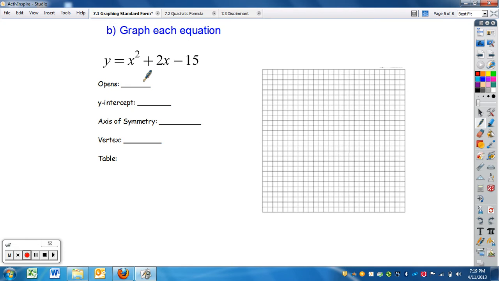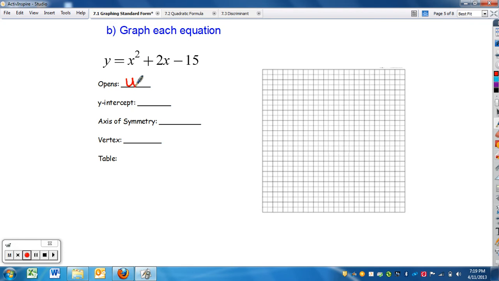Alright, so let's take a look at this one. This one's going to open up because my A is 1, my B is 2, and my C is negative 15. My y-intercept, 0, C, so 0, negative 15. Remember, this is C. Finding my axis of symmetry, I'm going to go negative b over 2a, so negative 2 over 2 times 1 gives me negative 1.